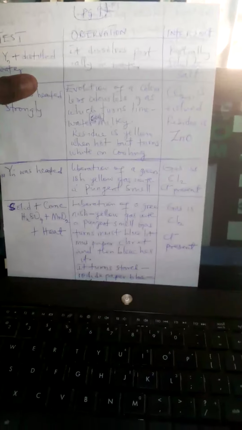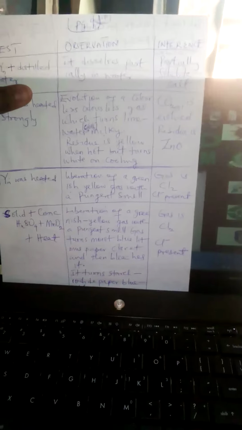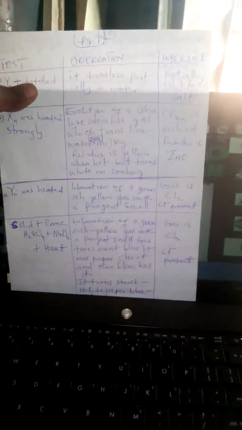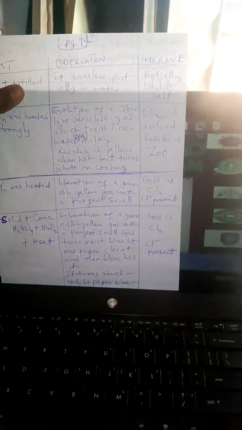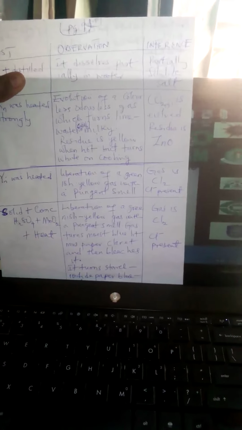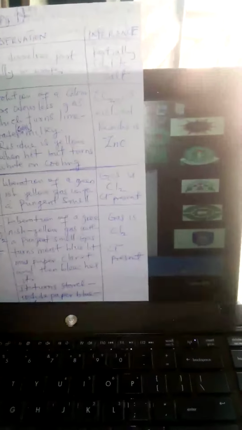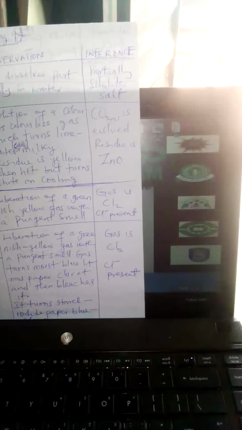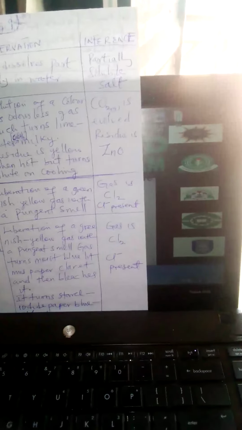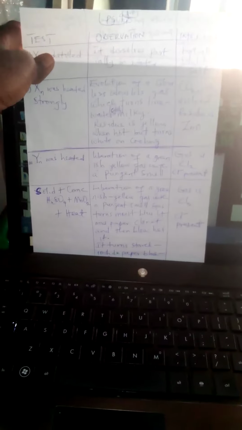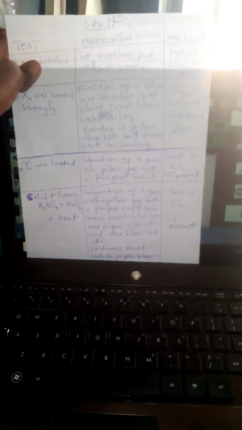The residue is yellow when hot, but turns white on cooling. Then what is your inference? That is your conclusion. CO2 gas is evolved. Then YN was heated.